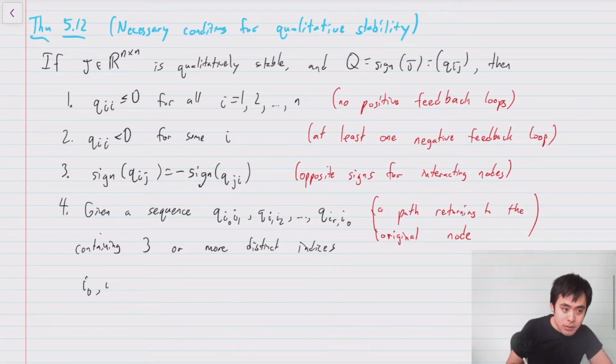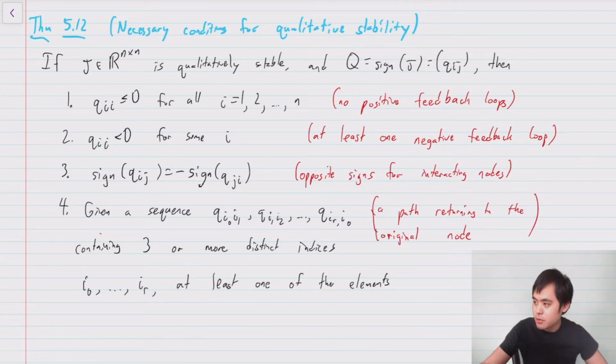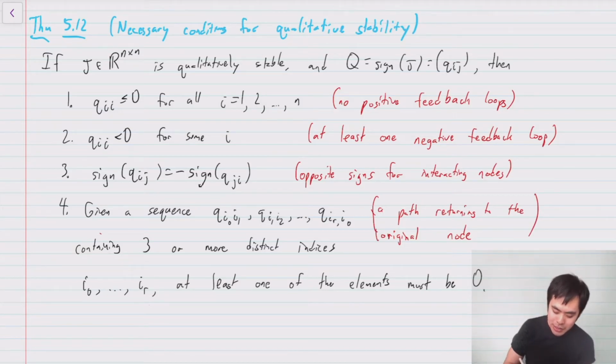i0 through iR, at least one of the elements must be 0. Basically, what this is saying is that we have no cycles.